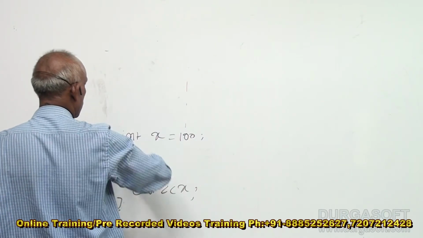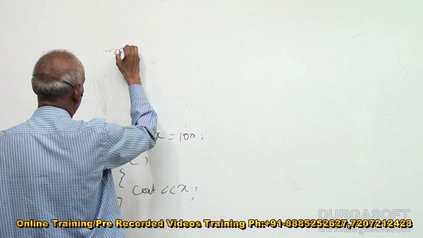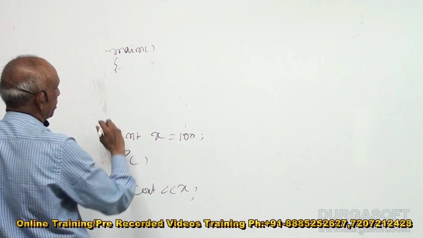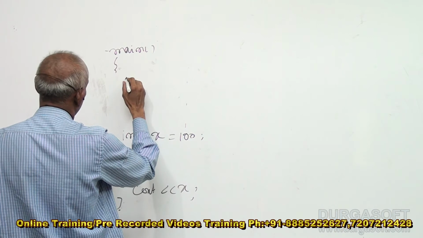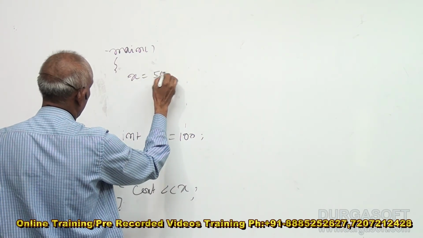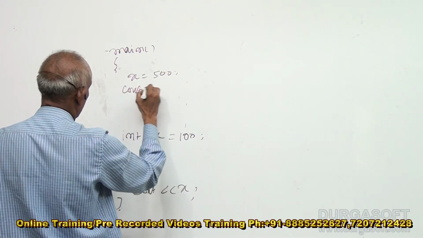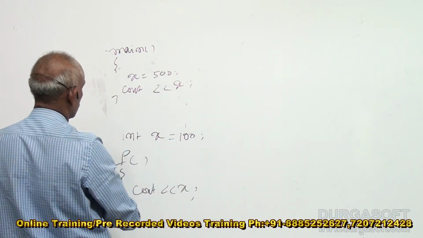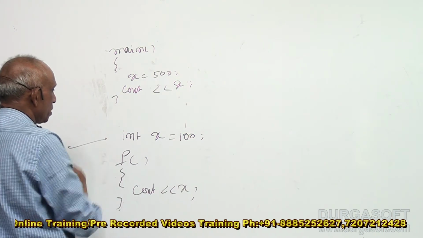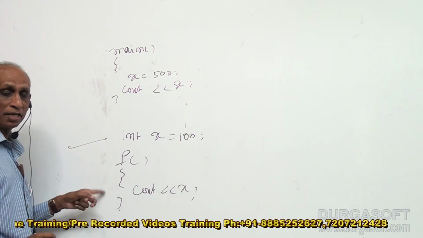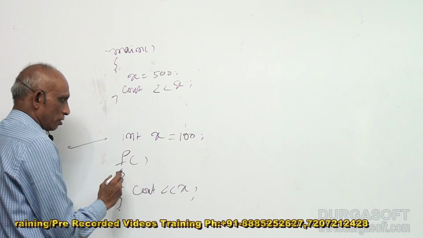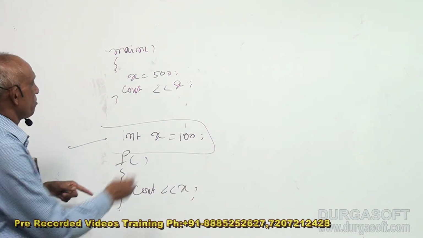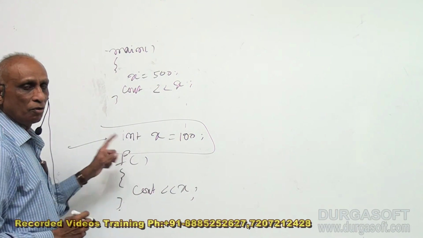Now here I have, suppose, main. I want to use this variable only. Say x is equal to 500, cout x. So this variable is actually a global variable, not declared inside any function. It is a global variable but defined somewhere below the main, later. But main is using this variable.